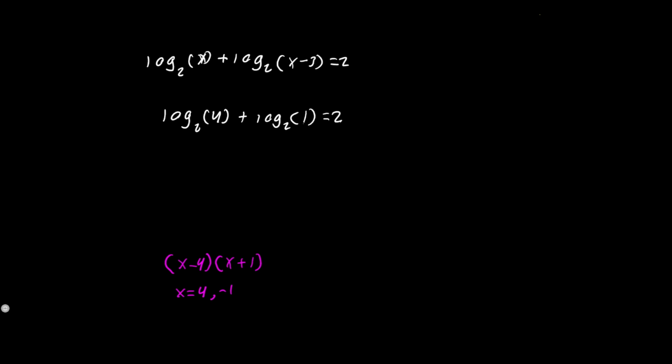And the log of 1 is simply 0, plus log base 2 of 4 is 2, since 2 squared is 4, and we're going to simply get 2. So we have that 4 is a solution.